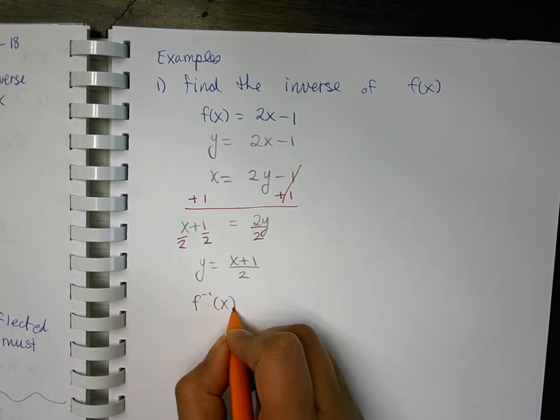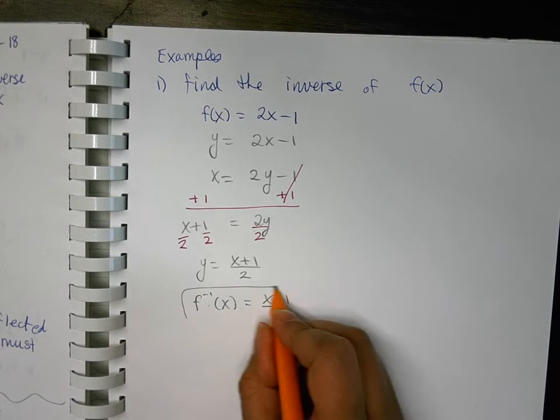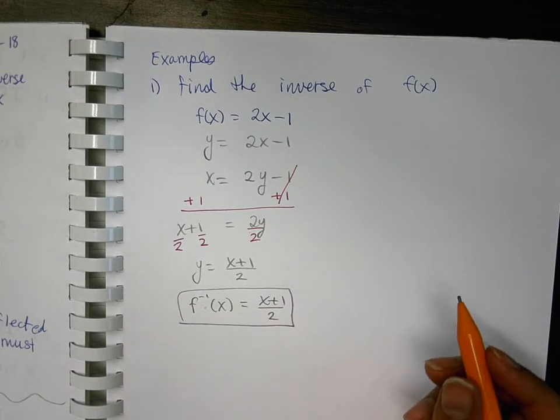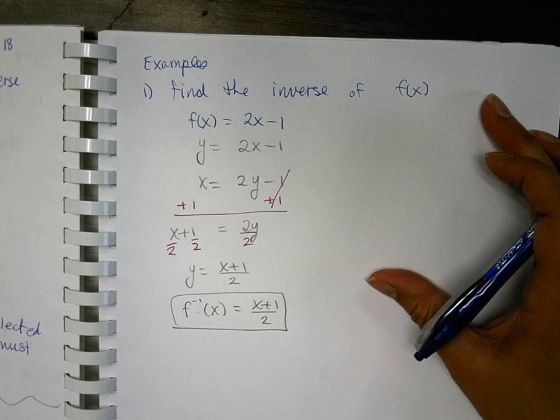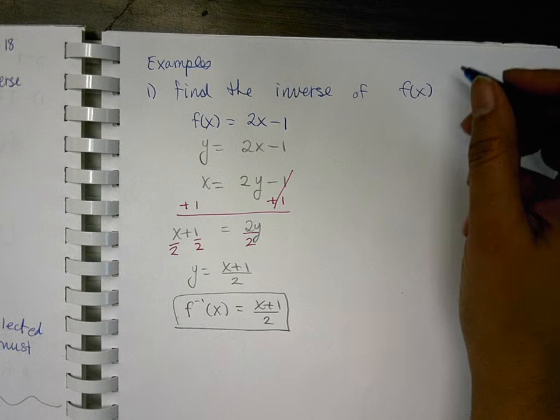So instead of y equals, we're going to write it like this: f inverse of x equals x plus 1 over 2. All right. Okay. I am going to add more to the problem. Before I do, any questions, or was that pretty easy?